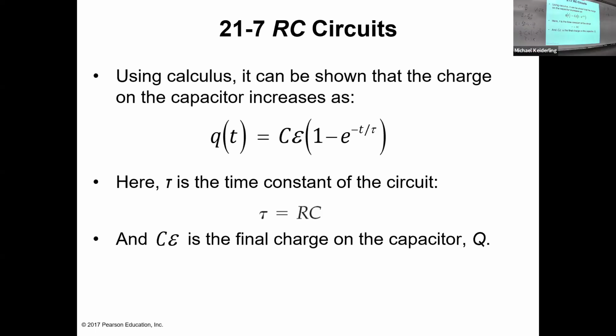And there's a time constant. It's an exponential decay up to the target value with the time constant of RC. And the final charge on the capacitor Q is the capacitance times the voltage.